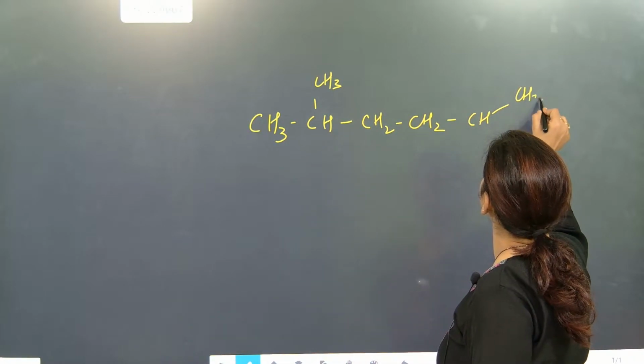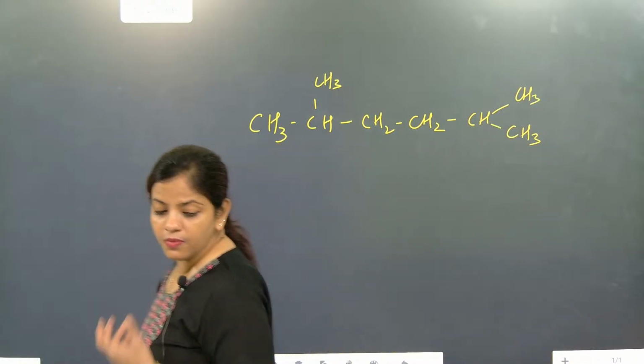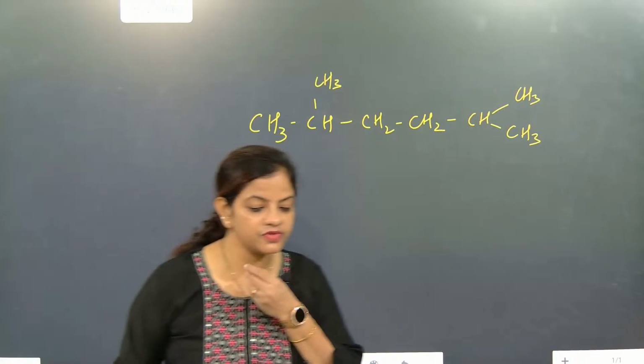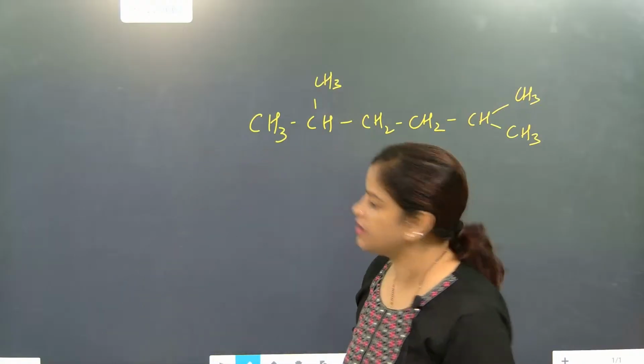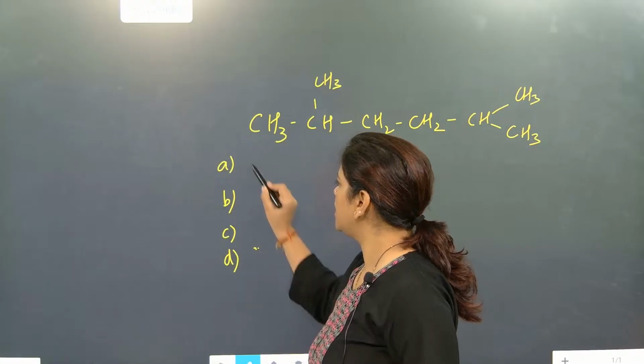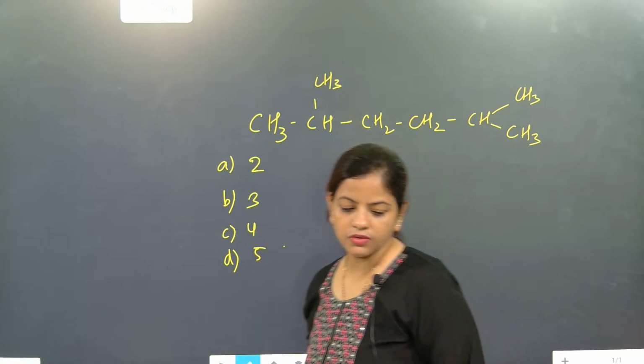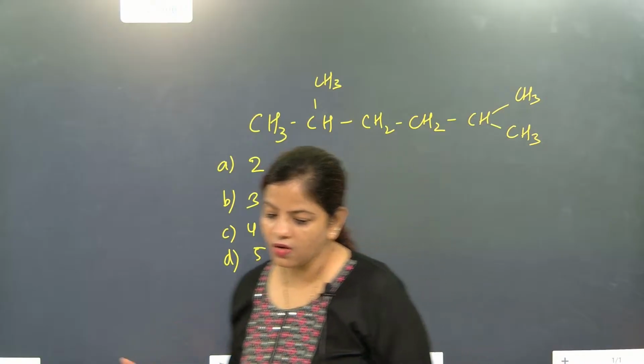So CH3 and CH3. Now you need to identify how many secondary carbon atoms are there. Your options are A, B, C, and D: 2, 3, 4, 5. How many?